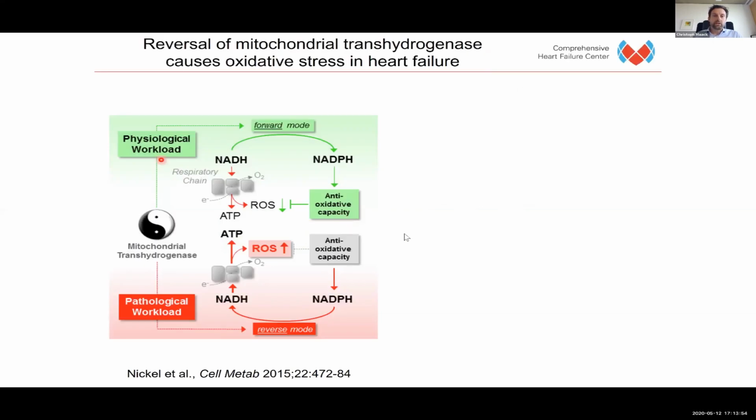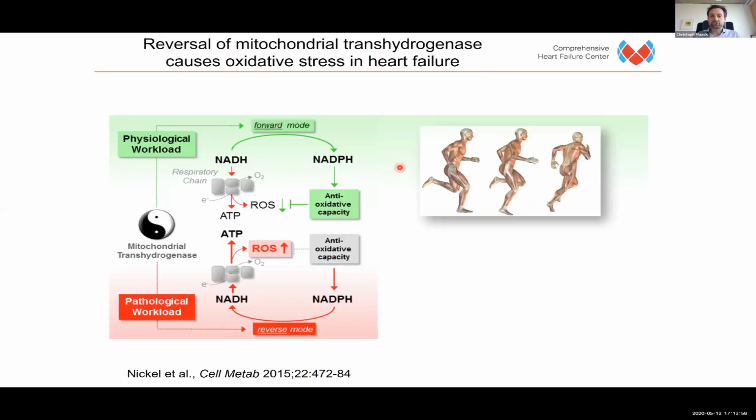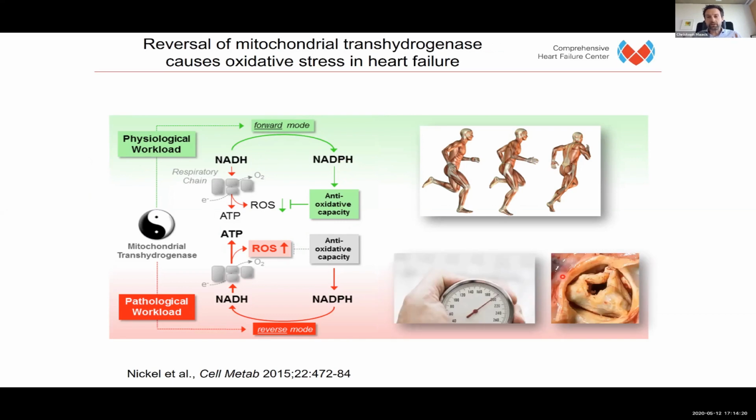Under physiological workload conditions, such as during exercise, you typically have the mitochondrial calcium uptake, which produces enough NADH to fuel ATP production, and thereby also a driving force for NADPH regeneration and a sufficient antioxidative capacity. However, when you have a pathological workload, the typical thing is that you have an increase in energy demand without a match in calcium.